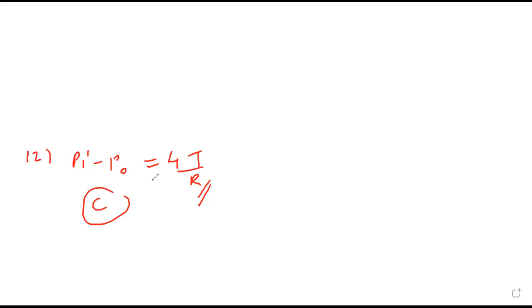Next, 128. If T is the surface tension of a liquid, what is the energy needed to break a drop of radius R into 64 droplets? Energy needed is T into the total area of the droplets. So T into 64 droplets of radius r, so it will be 64 into 4 pi r square.